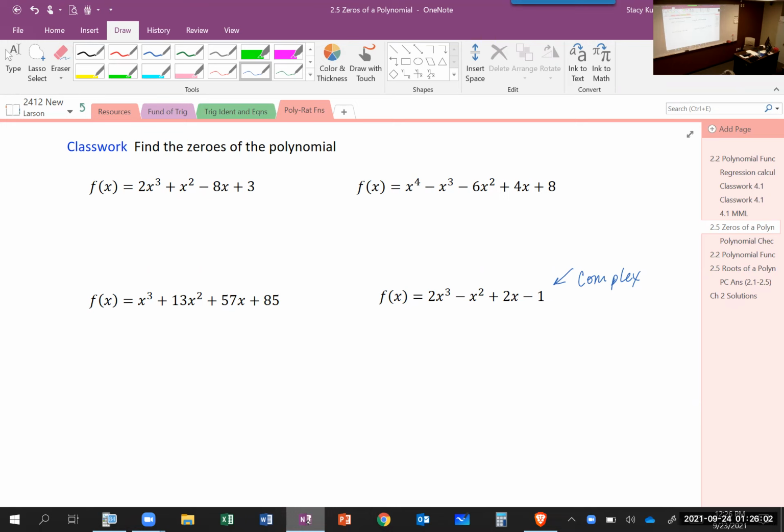No. 2x cubed minus x squared plus 2x minus 1. And you've got plus 5, plus 4, plus i, plus 4. There we go. That's right. Did you get it simplified?